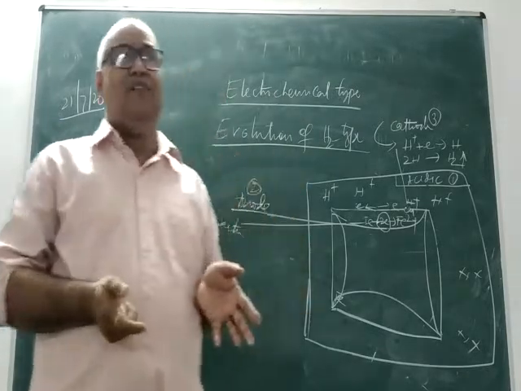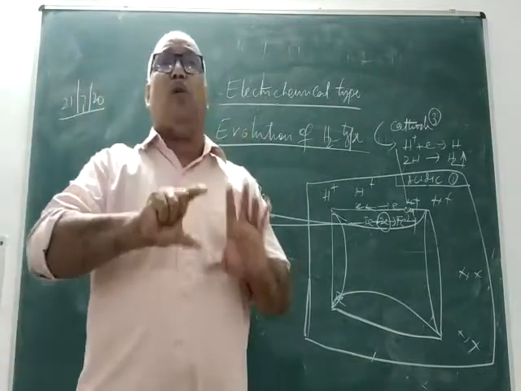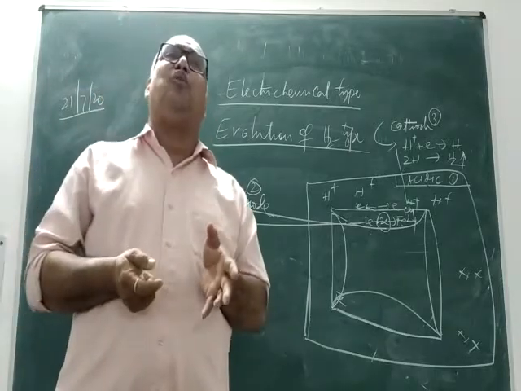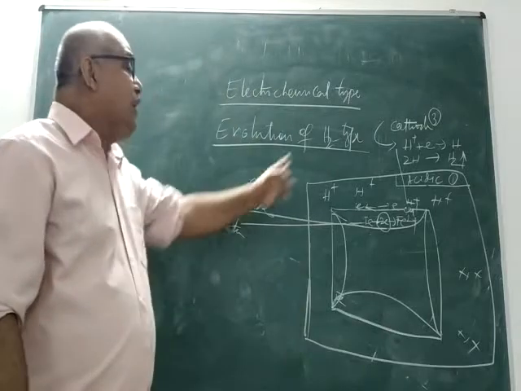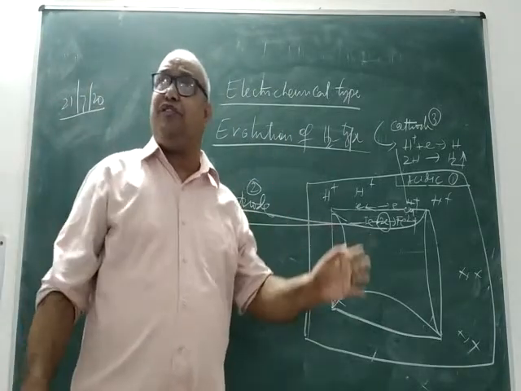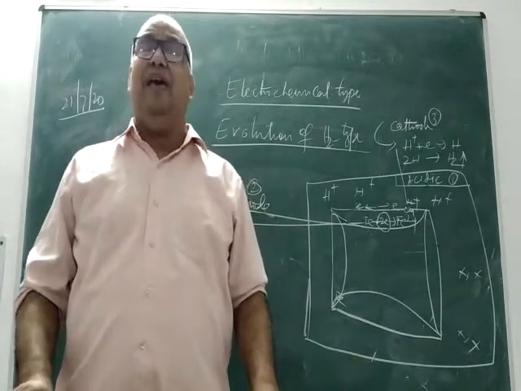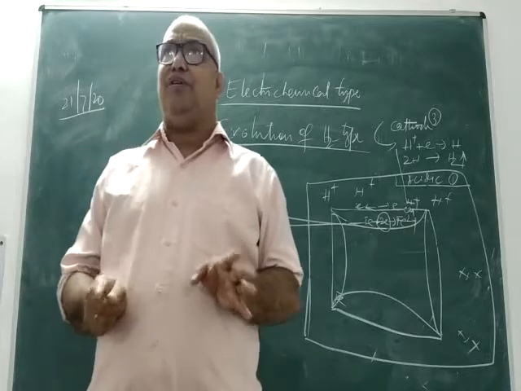And number 3 was, anodic area being very large, supply of electron will be excessive, cathodic area being very small where consumption of electron will take place, rate of corrosion will be slow. And number 4 was, anodic area being very large, and the exact location where corrosion will take place being unknown to us, that is why it is also known as delocalized type of corrosion.